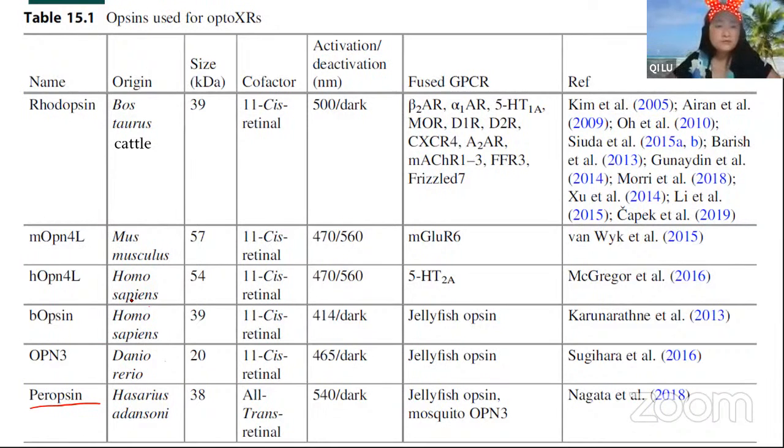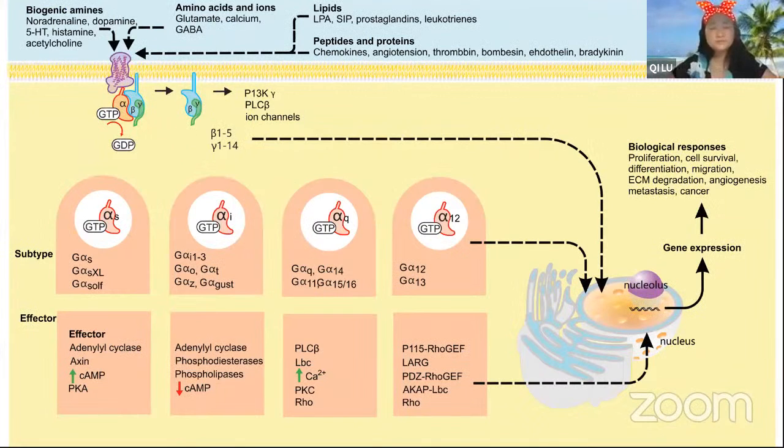And OPN4 binds to a retinal, but it will not dissociate from the ligand, or dissociate from the chromophore. It will automatically change in the dark to the active form, 11-cis retinal.